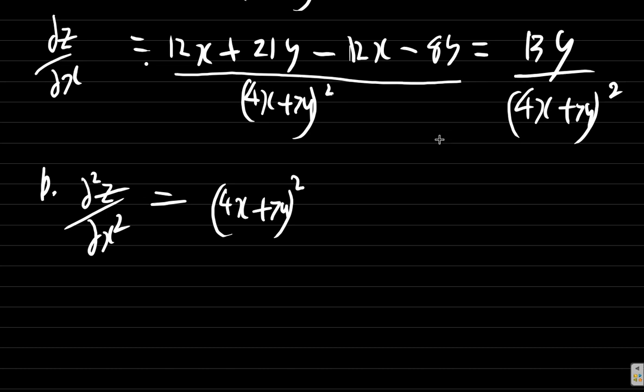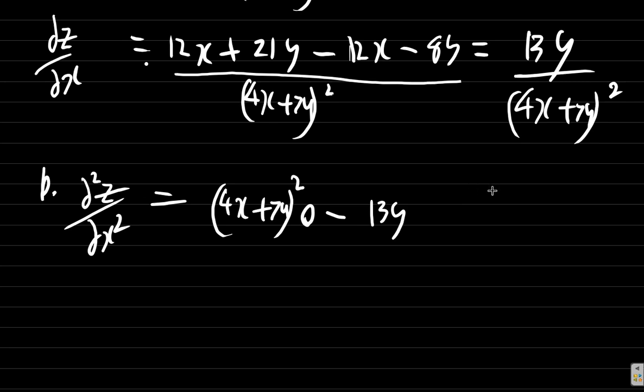Since it's x we're differentiating with respect to, when we differentiate 13y, we get 0, minus, hold the top, 13y, times differentiate the bottom.